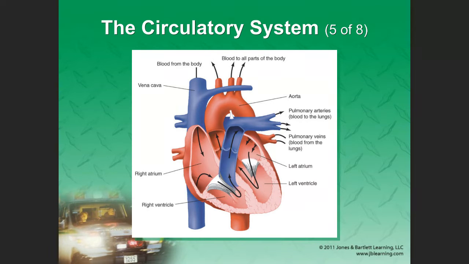Then the right ventricle pumps that deoxygenated blood up into the pulmonary arteries. Now, an important point to note: the pulmonary arteries are the only arteries within the body that transport deoxygenated blood.